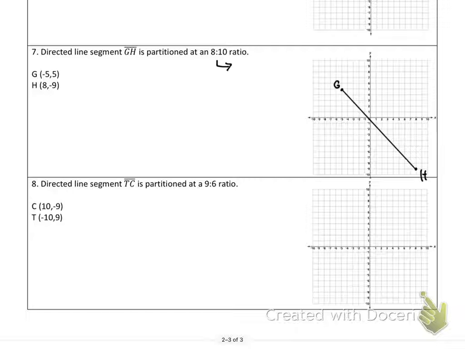So remember, and for those of you who were not here yesterday, the way that we do this is, I'll just write it out again. If your ratio is A to B, then your conversion is going to be A over A plus B. Just take the first number and put it over the sum of both numbers. So what's it going to be here? Okay, 8 over 18. So it's just 8 over 8 plus 10.